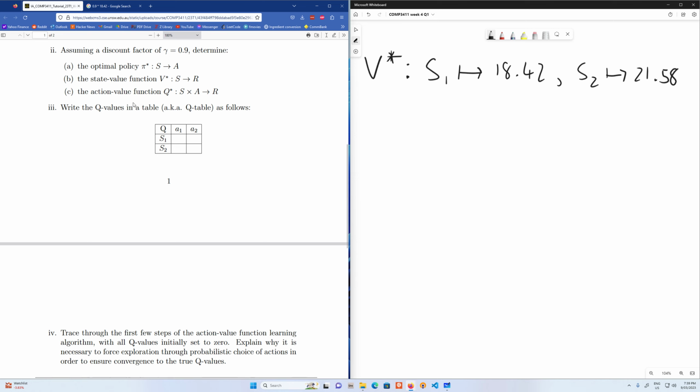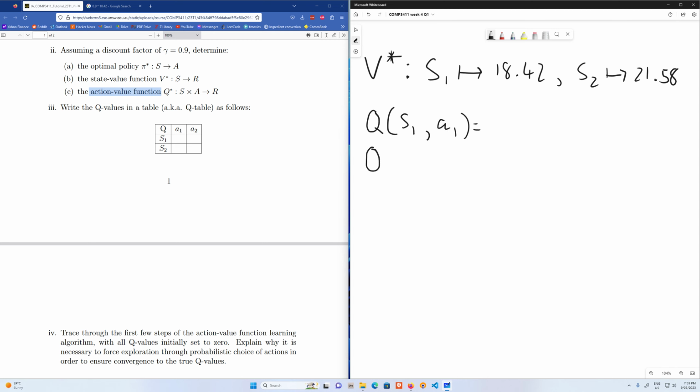So when we're thinking about the action value function, we're going to set up 4 expressions. This is in contrast to when we were doing the state value function. We only had 2 expressions, 1 expression for each state. But for the action value function, we need to think about a state and a given action.